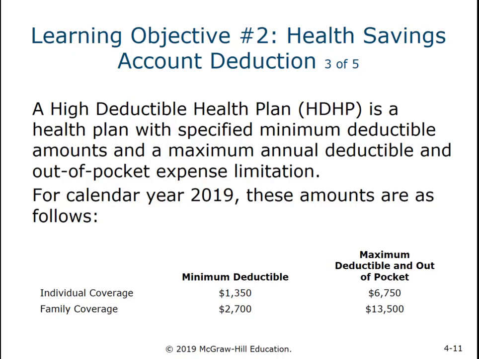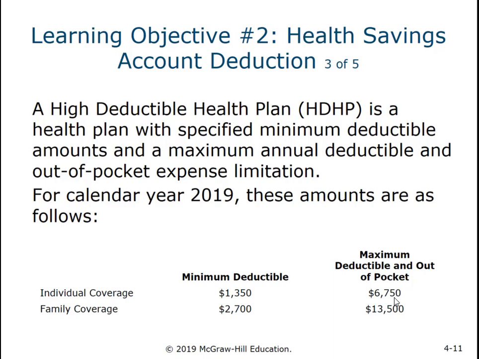So to work with an HSA, a taxpayer must also have a high deductible health plan, and that has the specified minimum and maximum annual deductibles that you see below here. So the minimum deductible is $1,350 for an individual. The maximum deductible, along with out-of-pocket costs, is $6,750.